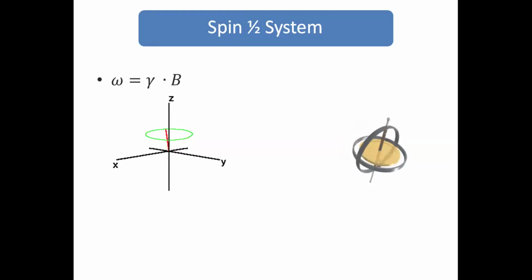So it does a precession around this, and this is called the precessional frequency, also called the Larmor frequency. That is characteristic for every NMR active element, and specific for that nucleus.